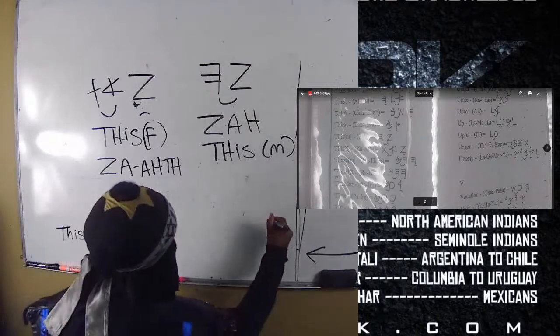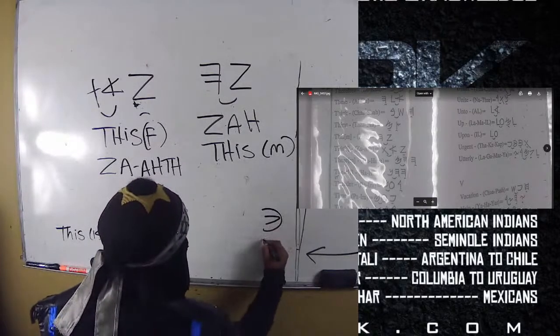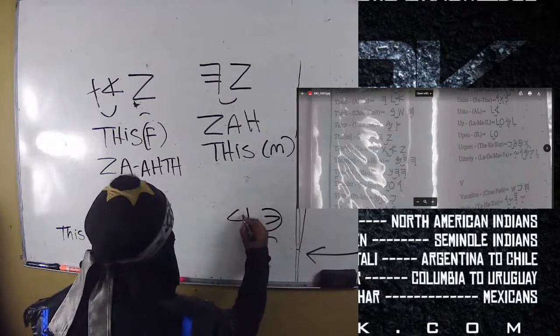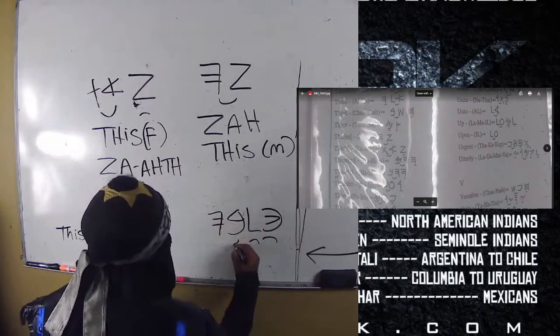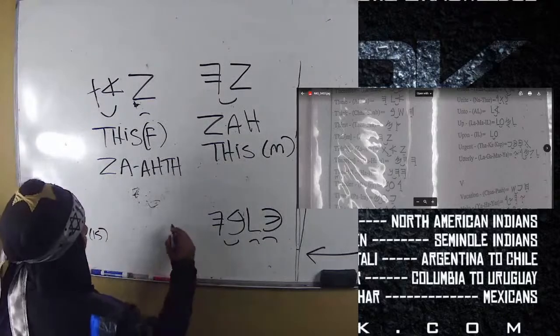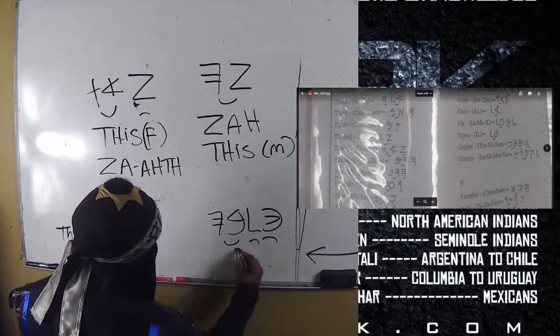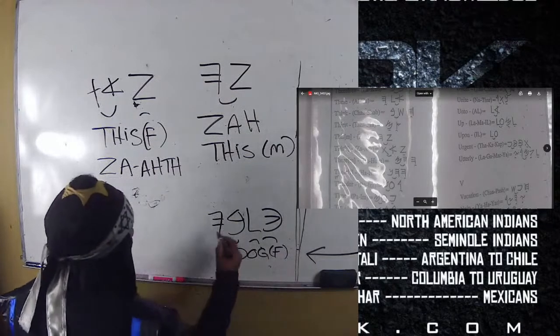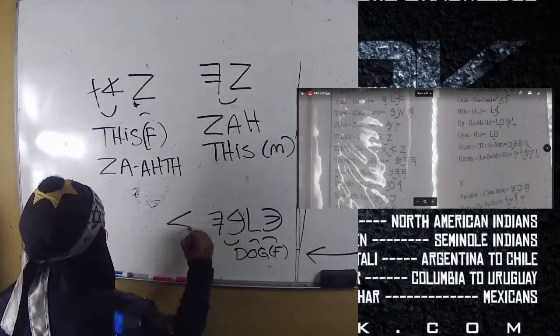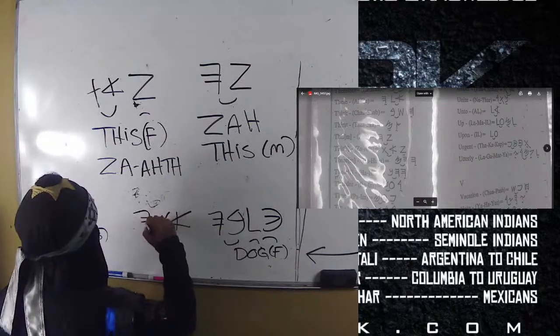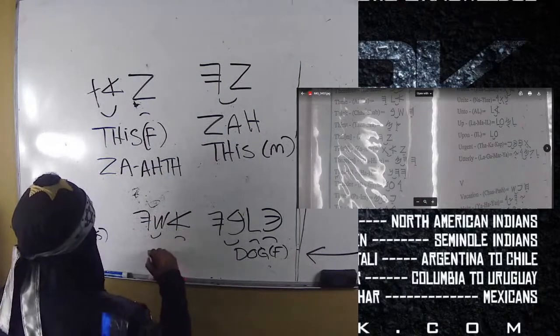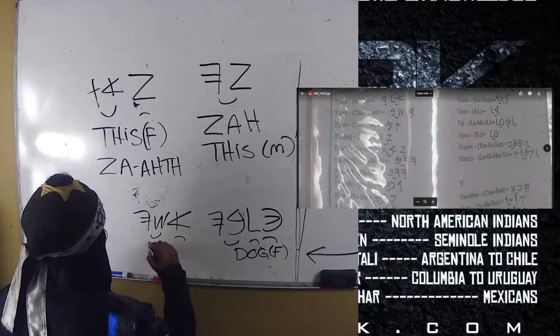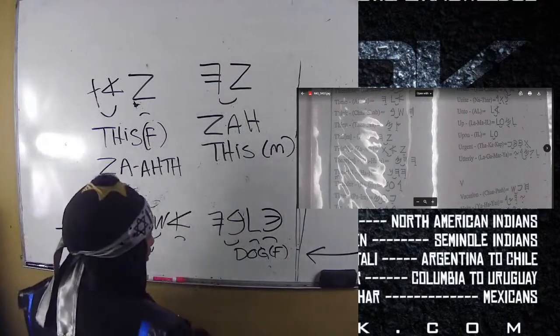We have to say ka la ba. Kalaba for dog. But this is a female dog. Kalaba Asha. It's a woman, Asha, or a female, right?